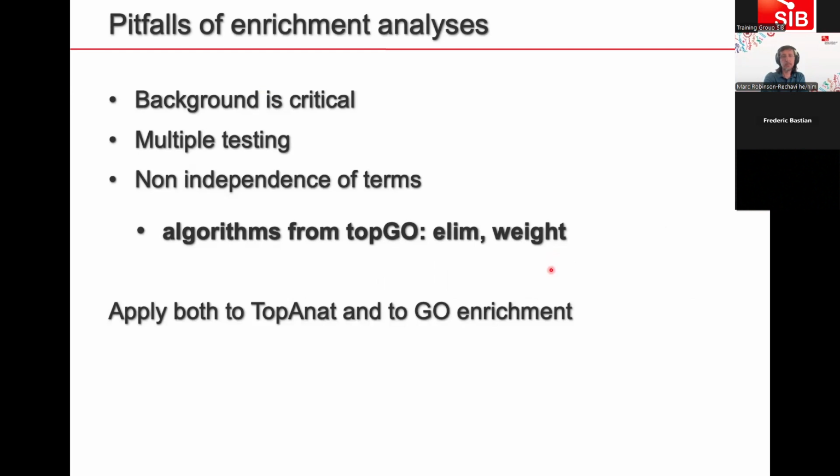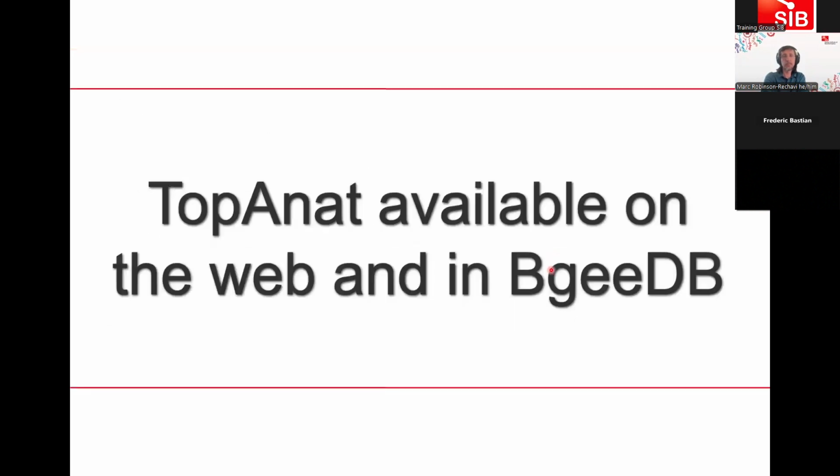You can refine for other developmental stages from the BgeeDB R package. Otherwise, you could also perform an enrichment on the developmental stage because it's also an ontology. We don't provide that on the web interface or the R package, so you would need to download our data and perform the enrichment yourself. But short answer, you can subset the developmental stage you're interested in to retrieve the anatomical terms.